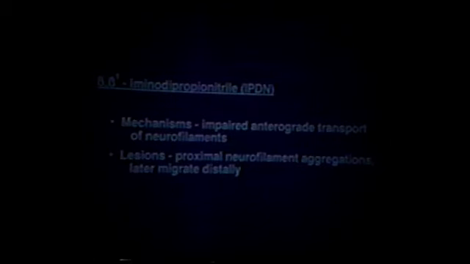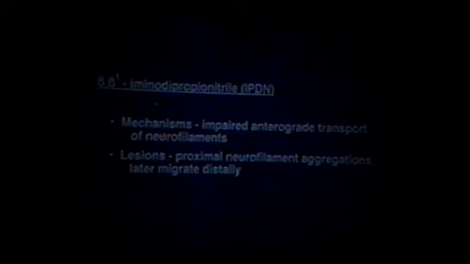The last of the axonopathic compounds I'll talk about is the beta,beta'-iminodipropionitrile, or IDPN, which no one ever uses the long name, the real name, I guess, neuropathy. And here the lesions are proximal, and they are thought to be associated with impaired anterograde transport of neurofilaments.